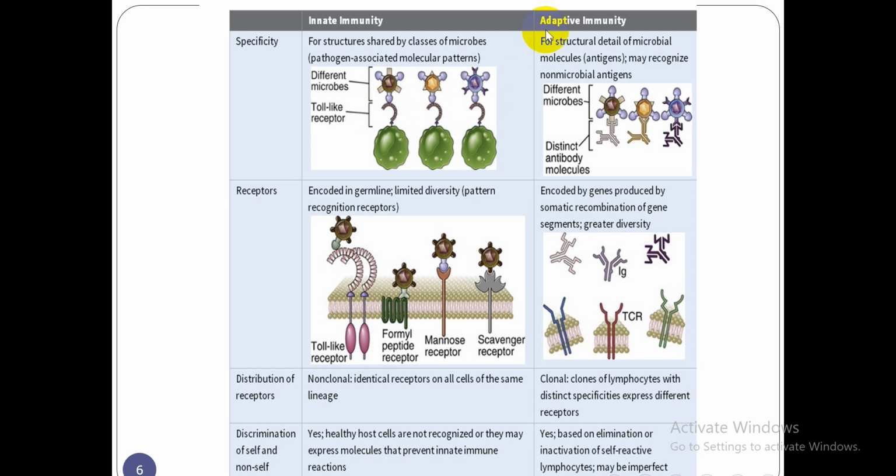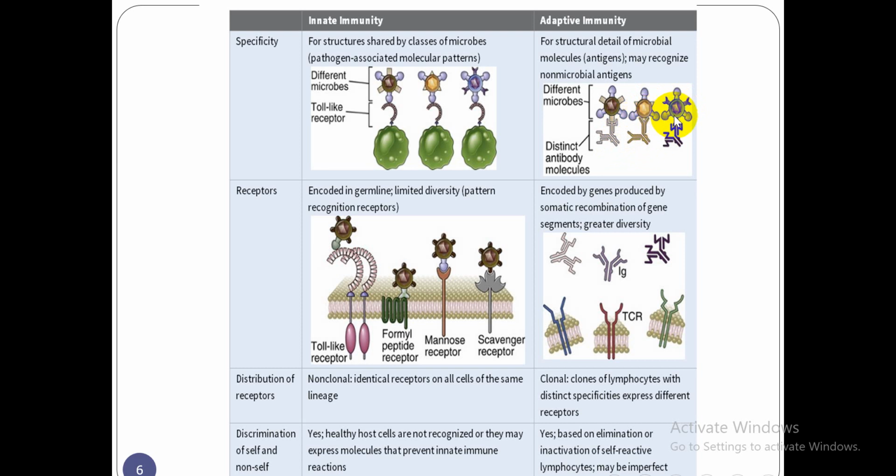But in adaptive immunity, we have specific immune responses, and different microbes of the same lineage could be recognized by, for example, different types of antibodies, and each of these antibodies could recognize different parts of these microbes.